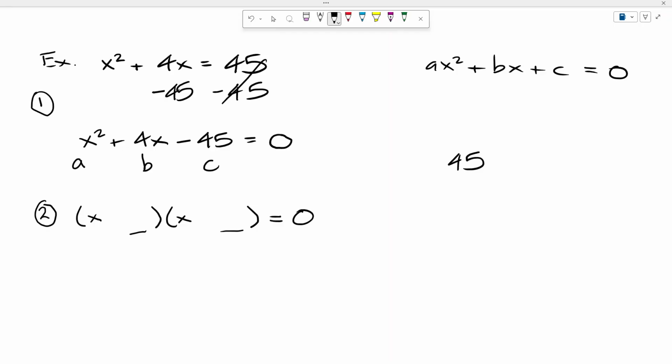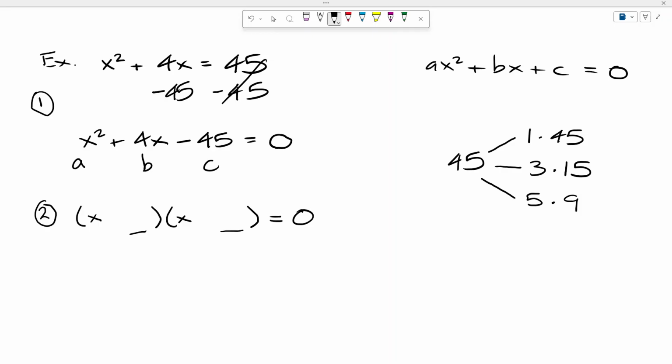So let's start with, obviously, 1 and 45, but that's going to get us nowhere close to adding to 4. We'd have 3 times 15. That would get us to 45, but no matter what way you slice it, that's not going to get us close to 4. And then we have 5 times 9. Okay, this could work for us.